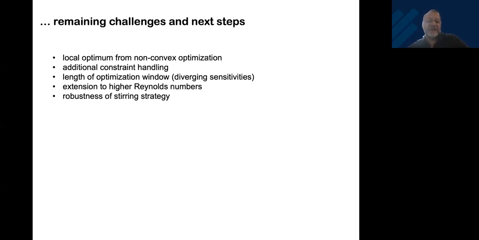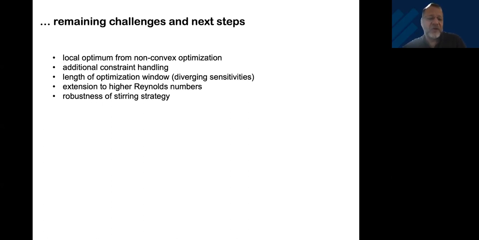And we also want to look a little bit into the robustness of the stirring strategies. We've played around with making changes here and there, and we saw that even small details may change how the vortices go into each other and bang into each other.